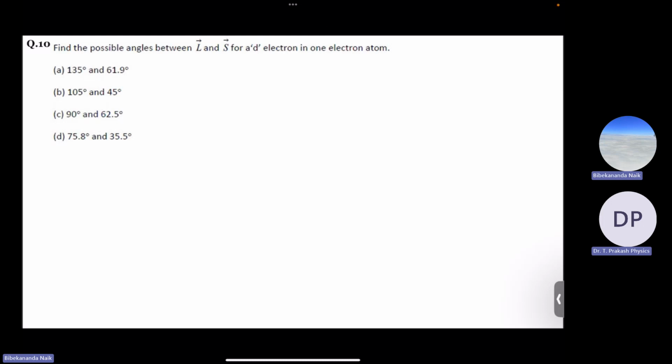Sir, option A is correct answer. 135 degree and 61.9 degree. Yes, absolutely correct. Option A is the correct answer. So first, for a d electron in one electron atom, S is half and D means L is 2.